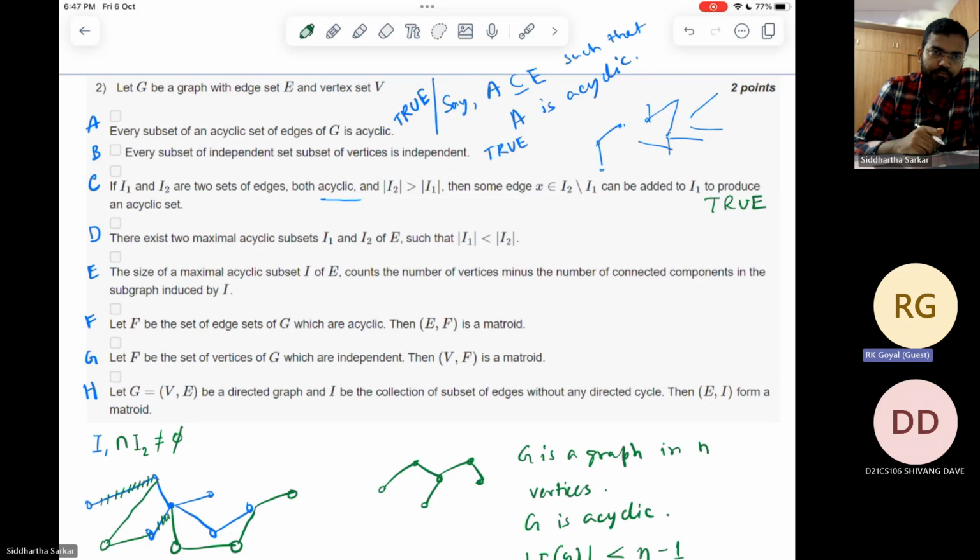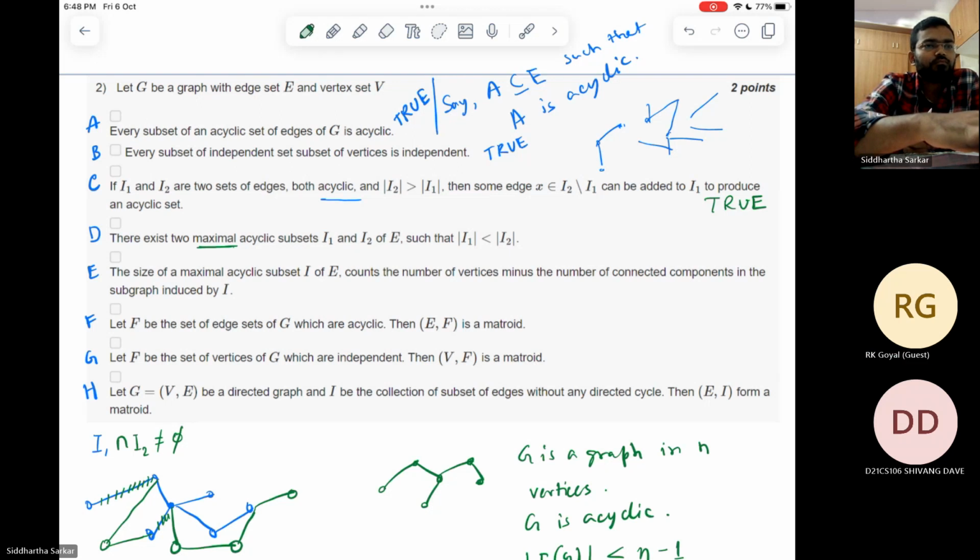So maximal means that with the subset, if you add one more edge, no matter which edge you add, that will lead to a cycle. So that is the meaning of maximal.